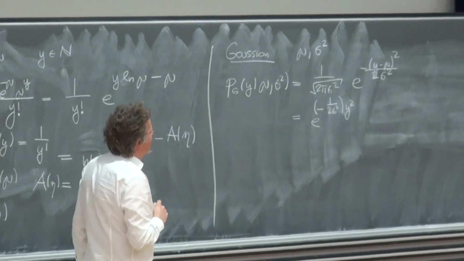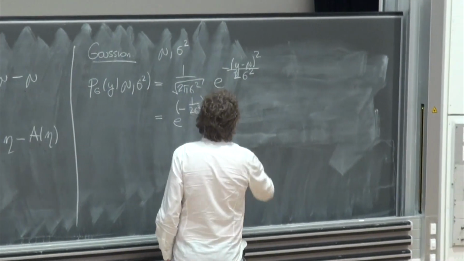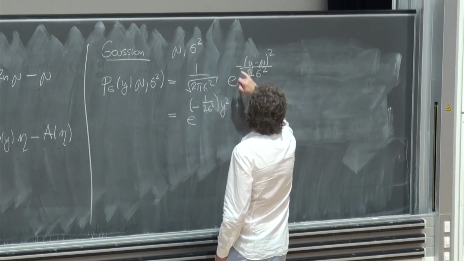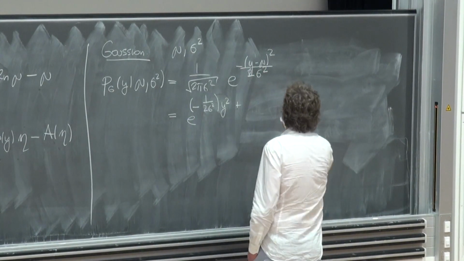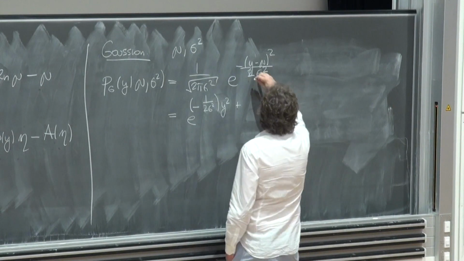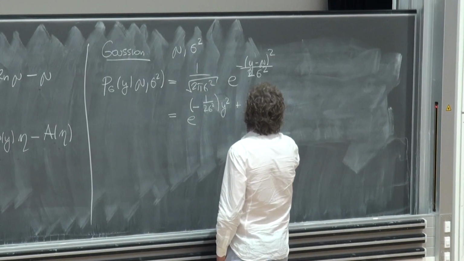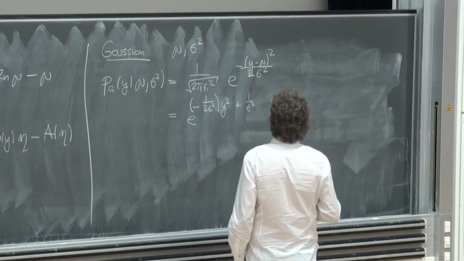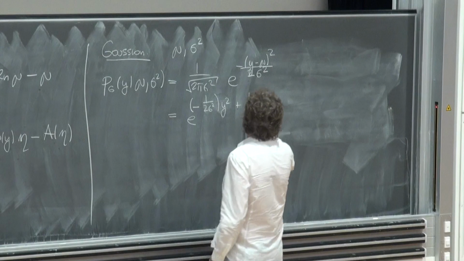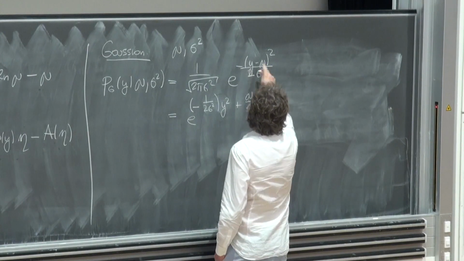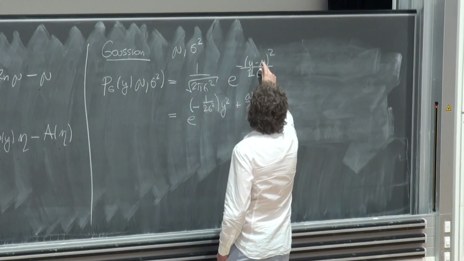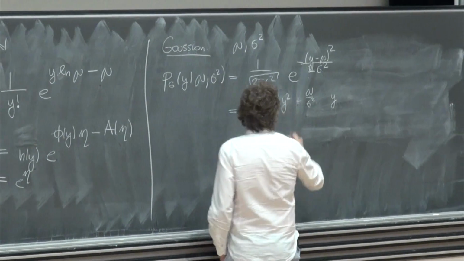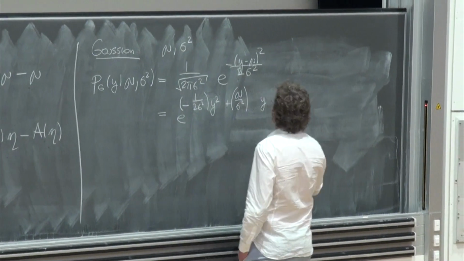Then I get 2 times the inner product, and I will get now a plus, because I have here a minus and a minus. I'll get a plus, and there will be a y, and what I'll have here is a 1 over sigma squared. And then I have a mu on top. So I get 2 times y times mu over 2 times sigma squared.